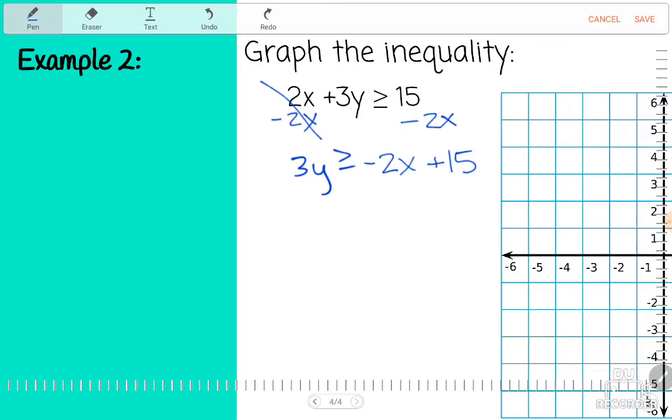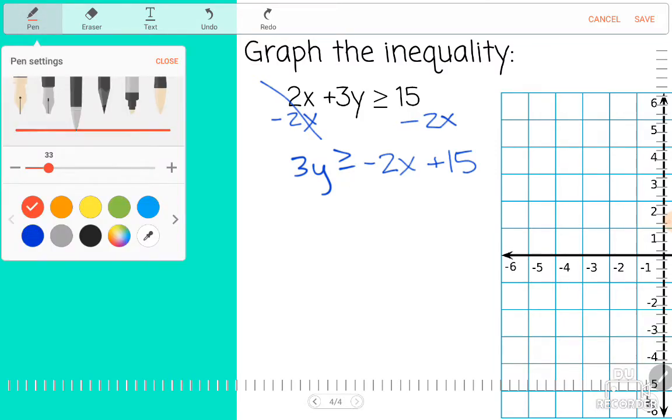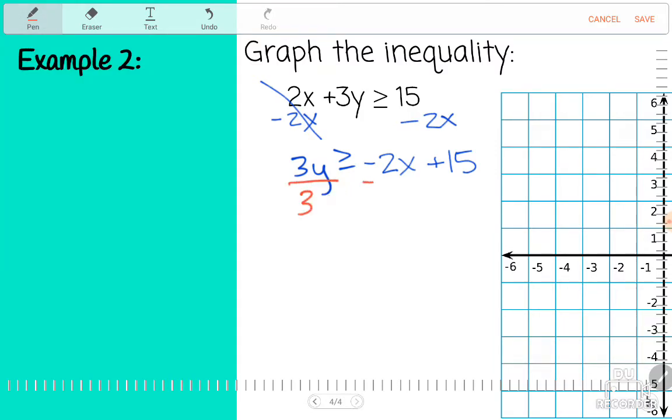Okay. I want y by itself, so the next thing I'm going to do is divide everything by 3. Okay, those just give me 1, and I'm left with y. I divided by a positive, so I don't have to flip the sign. I just carry it down. I'm going to rewrite this next part as negative 2/3 and just leave the x in front. Okay, I'm allowed to do that. That's fine.